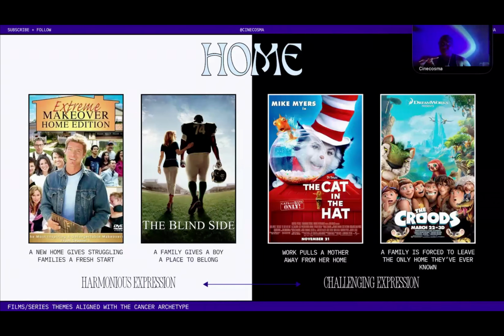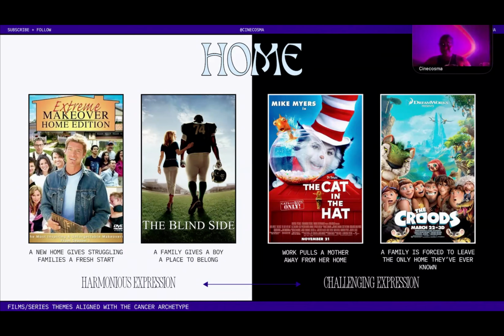So I wanted to really try to find examples that I feel like, okay, the overall conflict starts challenging, even if the movie itself moves into harmonious by the end, right? So these are two examples, in my opinion, that start out challenging, but then overall eventually become harmonious.